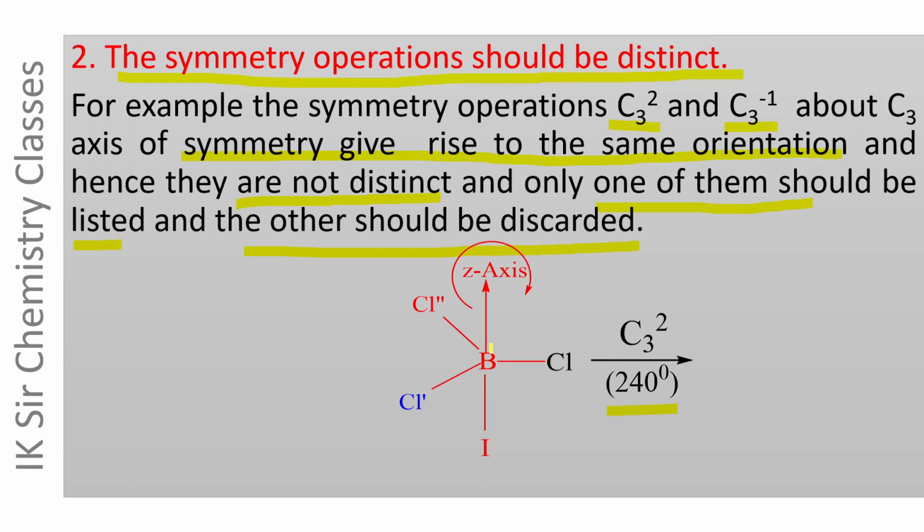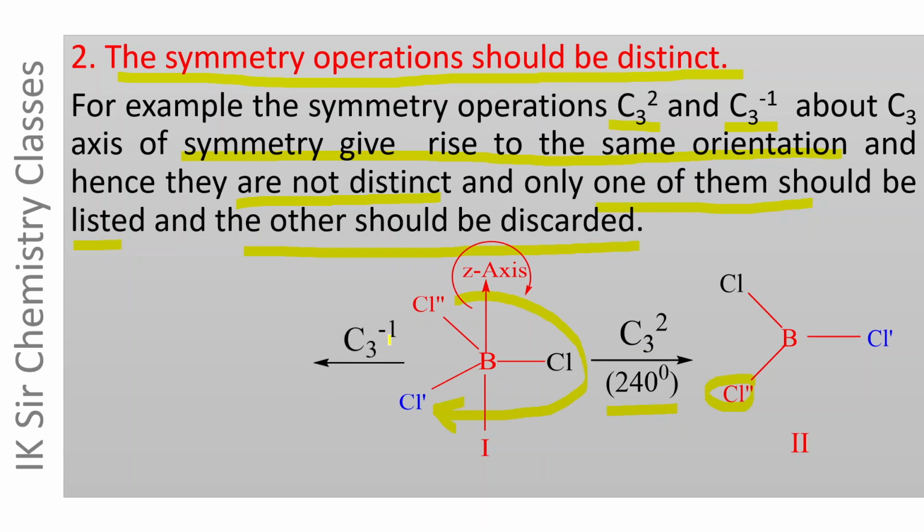If this molecule is rotated about the z-axis by 240 degrees, this Cl double dash atom will come to this position as in orientation number 2. This is Cl double dash, and similarly other chlorine atoms also change their position.